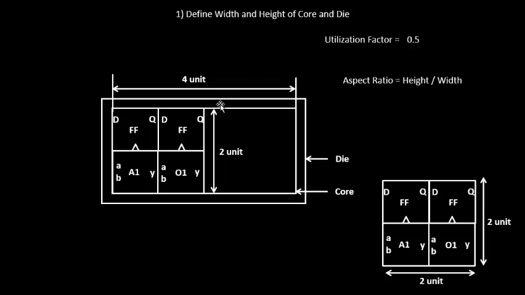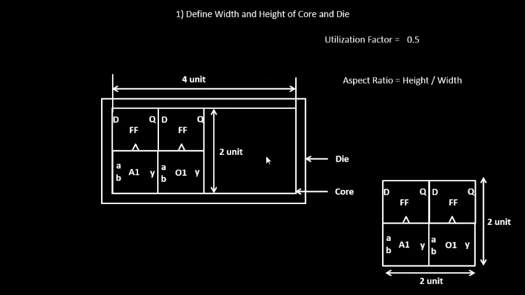So 0.5, or anything other than 1, represents that the core is 50% utilized, and there is some extra area that can be used to place additional cells. For example, if you need some optimization to be done, you can use this area to add some buffers.